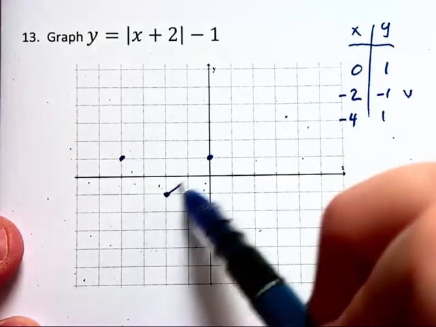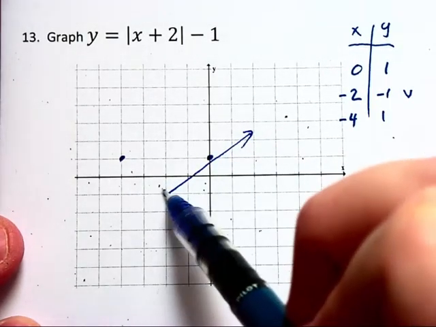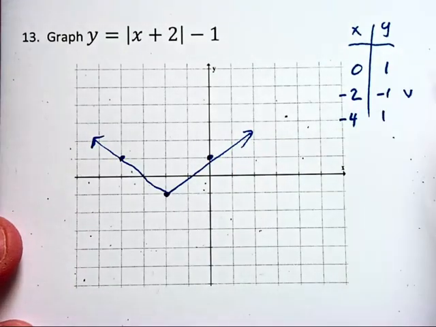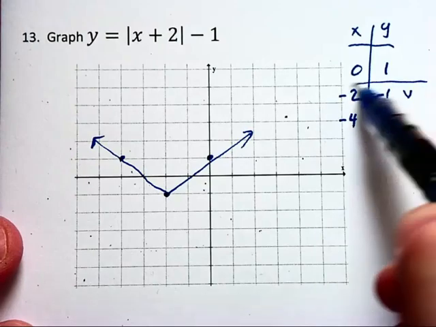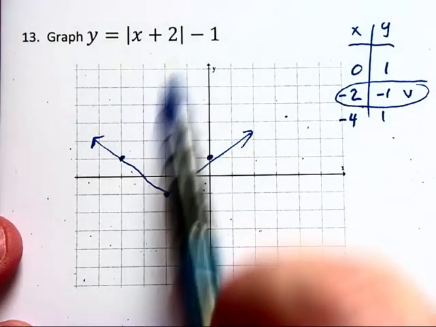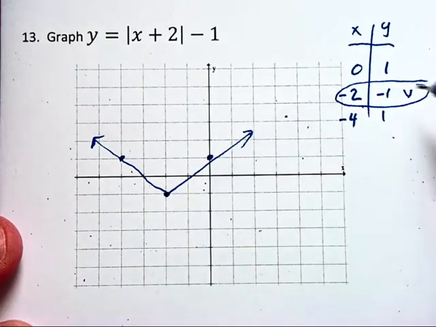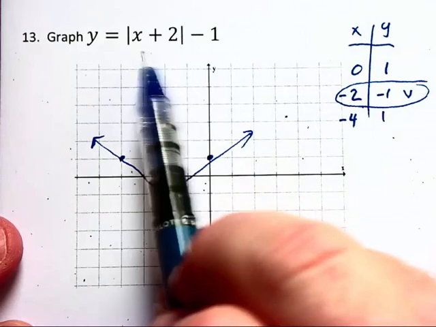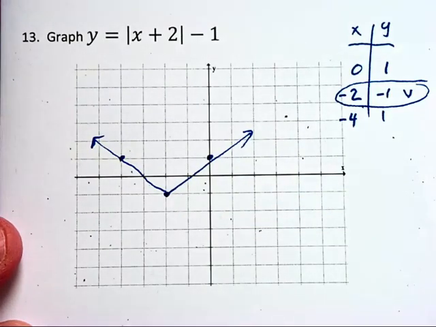And you can see we're going to have this V shape that we're going to draw here. Be careful that when you're plotting these, you always make sure you find the vertex. Know that an absolute value graph will always be V-shaped, and the vertex, at least the x value, can be found by finding that value that makes the absolute value equal to 0.